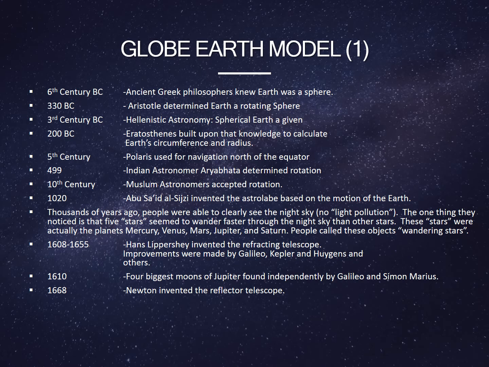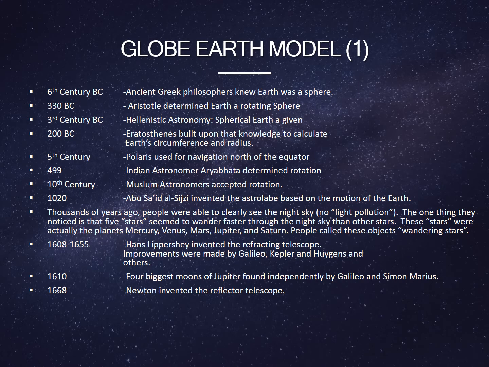In 1608 to 1655, first of all, Hans Lippershey invented the refracting telescope. That's curious because I always thought it was Galileo. Galileo made improvements along with Kepler, Huygens, and others.